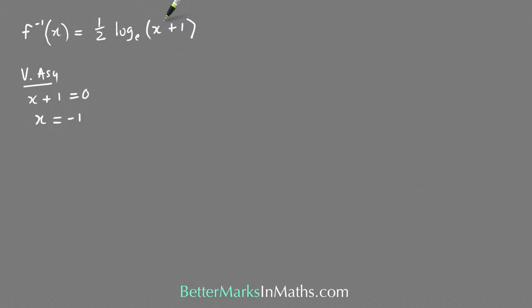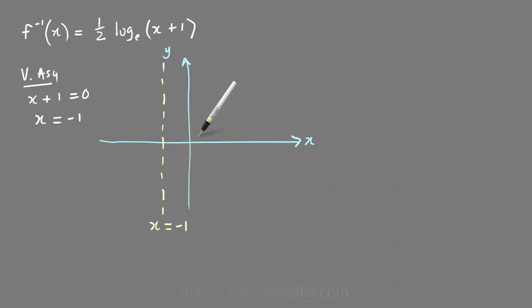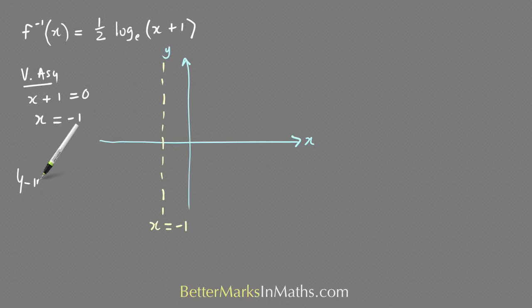This is a dilation factor, but the important thing is the vertical asymptote. So I'm going to set up the axis and continue sketching like that. And so the graph's going to do something like that, being a positive log graph. And I don't know where it's going to cut here. So what I'm going to do is find the y-intercept. It's always the easiest one to find.